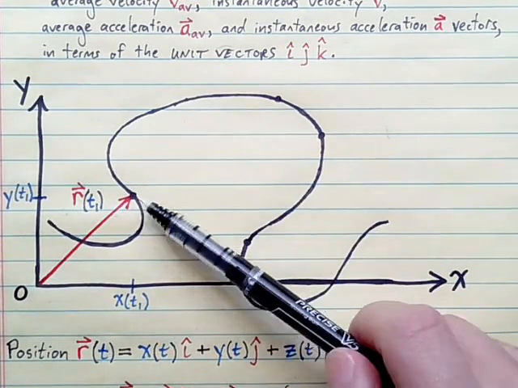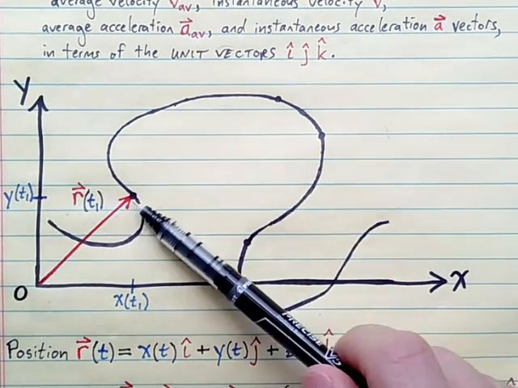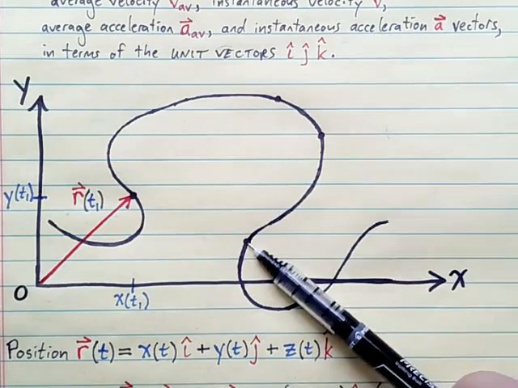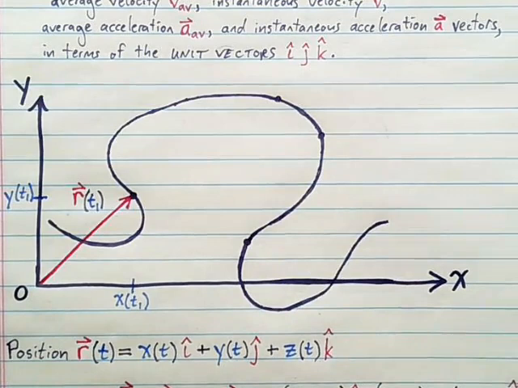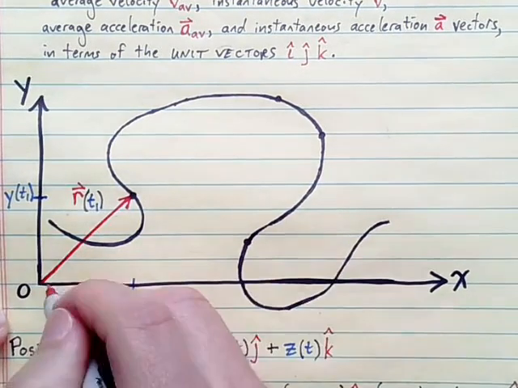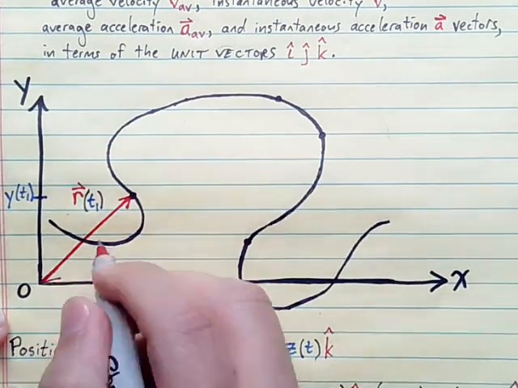So here's our position vector at time 1. Let's draw in the position vector at some other time. Say when you're located here. Let's say at time 2, the object is at this point. Okay, here is our position vector at time 2.